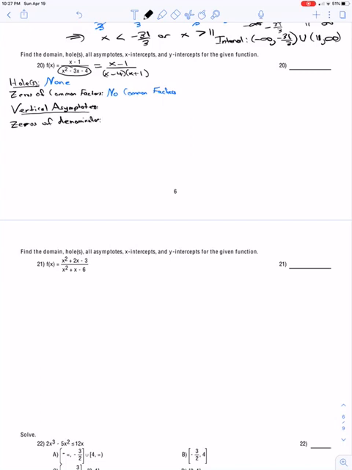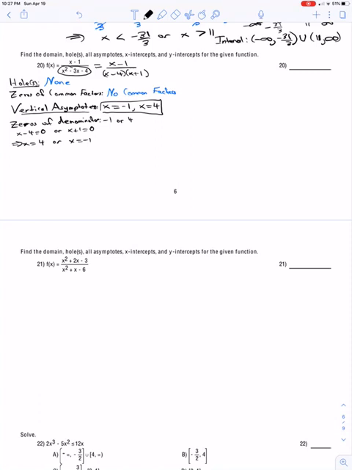So now we've already factored, right? What are the zeros of our denominator, right? X minus 4 equals 0, or x plus 1 equals 0. So x can equal 4, or x can equal negative 1. So we got 4 and negative 1 are our zeros. So that means our vertical asymptotes are x equal to negative 1, right? And x equal to 4. So we have two of them, two vertical asymptotes.